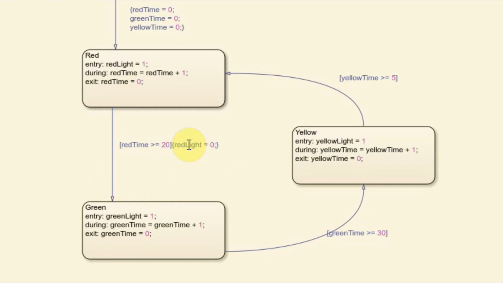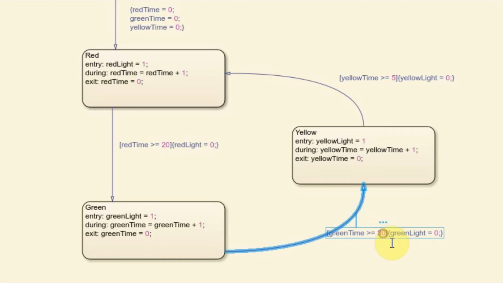Same way we can turn off the green light and yellow light. So with this, at any given time there will be only one light on.